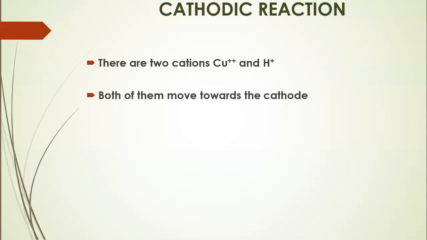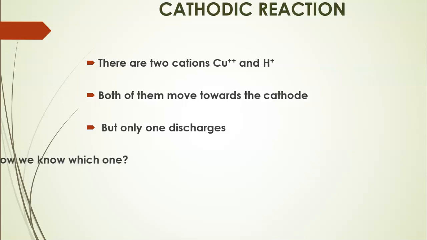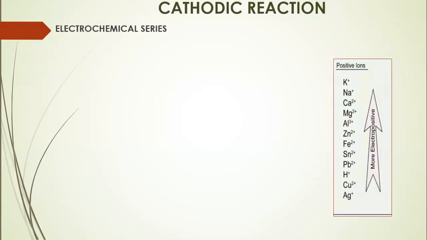Let us see what happens at the cathode. When current is passed, there are two cations, the copper ions and hydrogen ions. These two move towards the cathode, but we know only one will get discharged. And now we know which one, for which we have to refer to the electrochemical series of cations.